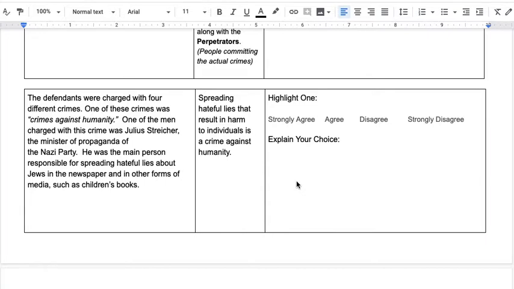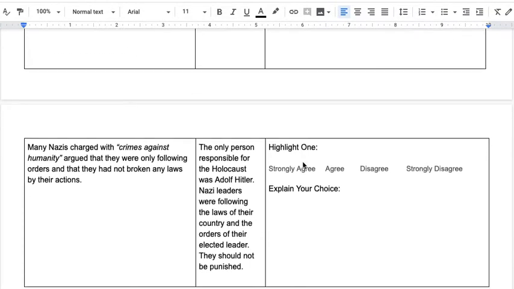All right. That, along with this kind of hate speech and information being processed through the entire European continent, ultimately led to the extermination of Jewish people in Europe. So once again, strongly agree, disagree, strongly disagree, and then go ahead and type in your rationale for why you made that choice.